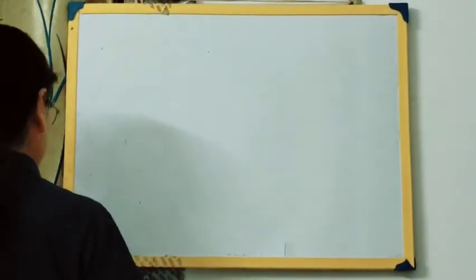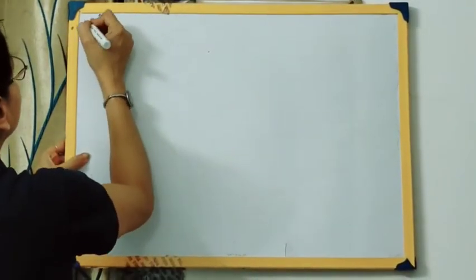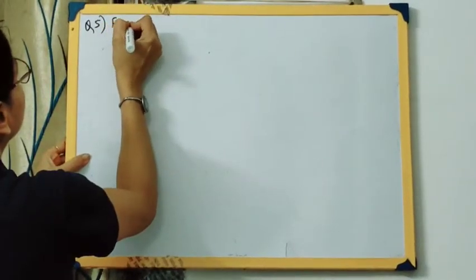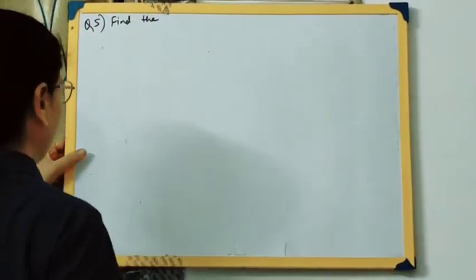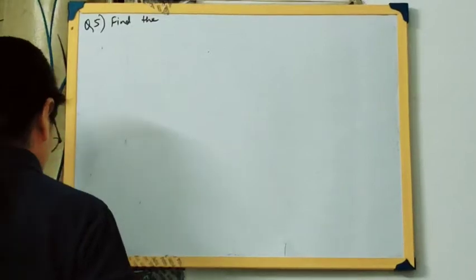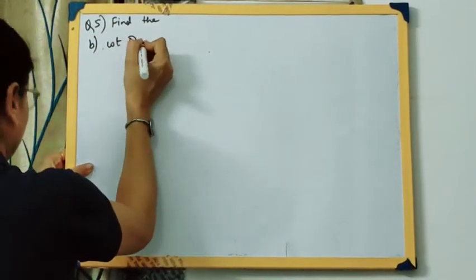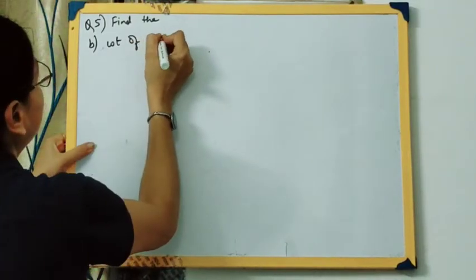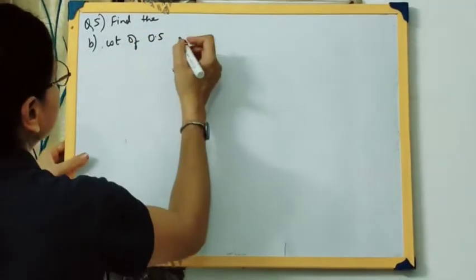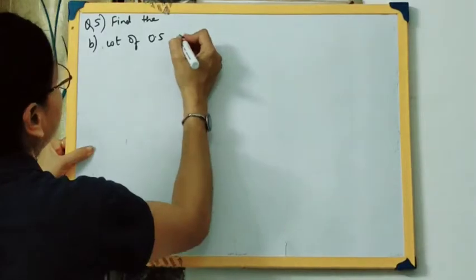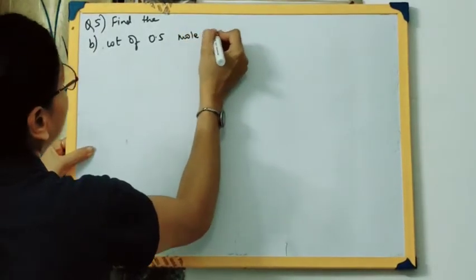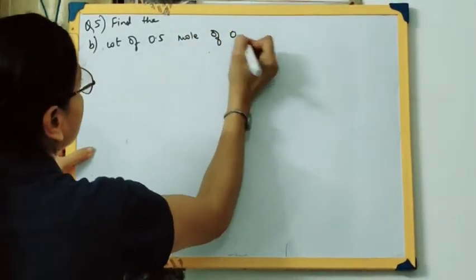Our main question, that is question number 5, was to find... we have solved the A part, that is the number of molecules. Next, find the weight of 0.5 mole of oxygen.